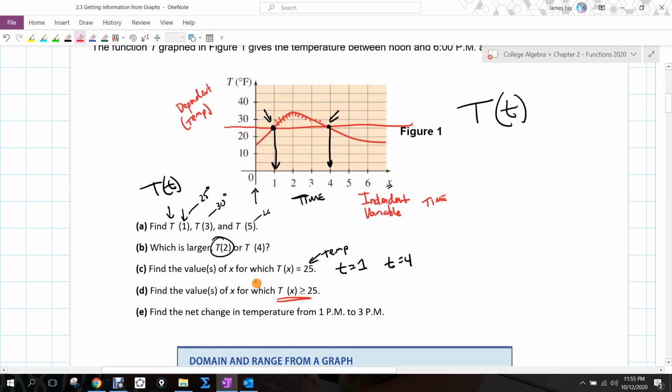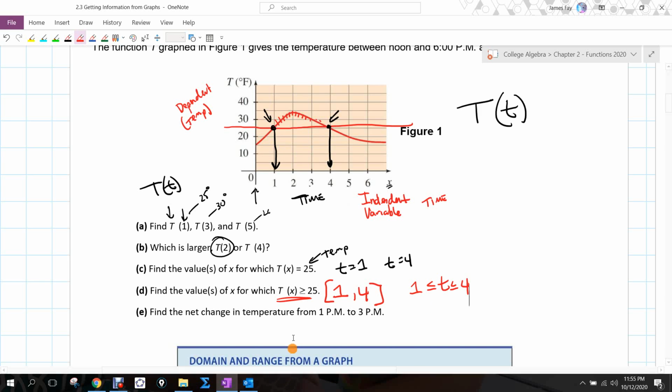So the values that make the temperature greater than or equal to 25 are 1, inclusive, because it can be equal to 25, all the way up to 4, inclusive as well. I'm going to write that in interval notation here. Depending on how it asks you, you can say it that way. I shouldn't use x though, because I'm talking about time, so I use lowercase t.